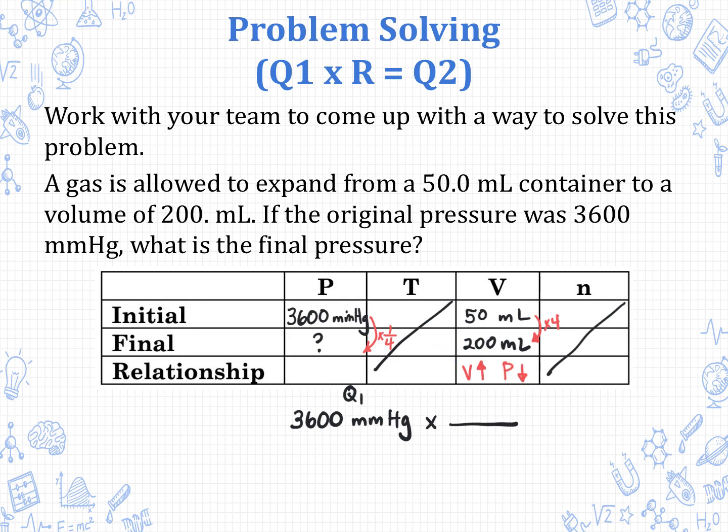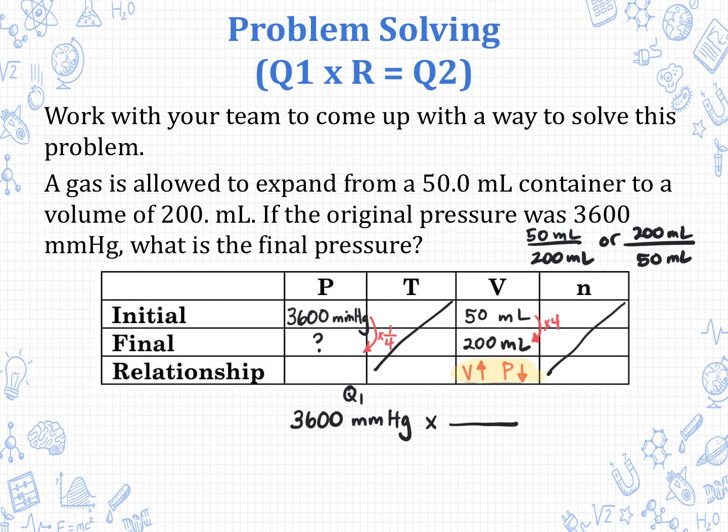And just like when we were doing unit conversions, we can write our relationship 2 different ways. We can write it as 50 milliliters over 200 milliliters, or we can write it as 200 milliliters over 50 milliliters. And we're going to pick the correct way based upon this relationship here.